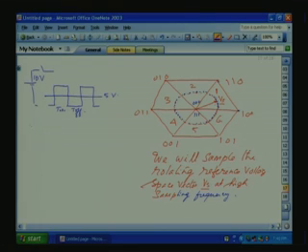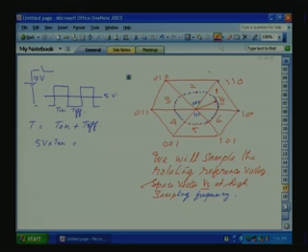So in a period, T is equal to T on plus T off. For volt second balance, if 5 volt is there, the volt second is 5 into T, not T on, because the 5 volt is there for the full period. This should be equal to 10 into T on, because 10 is only for the T on period.